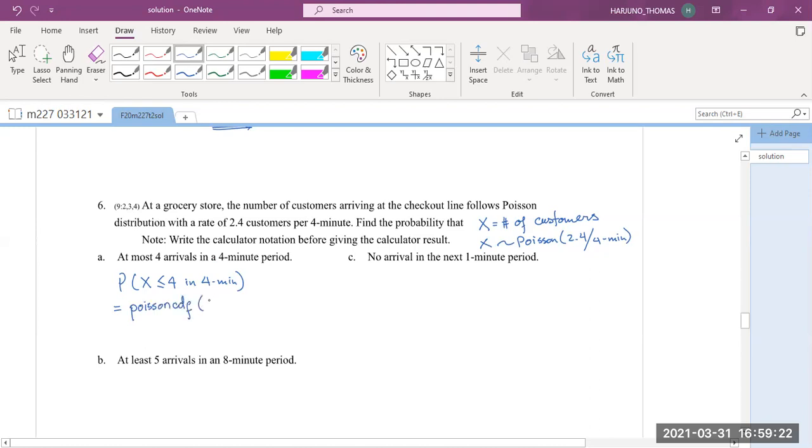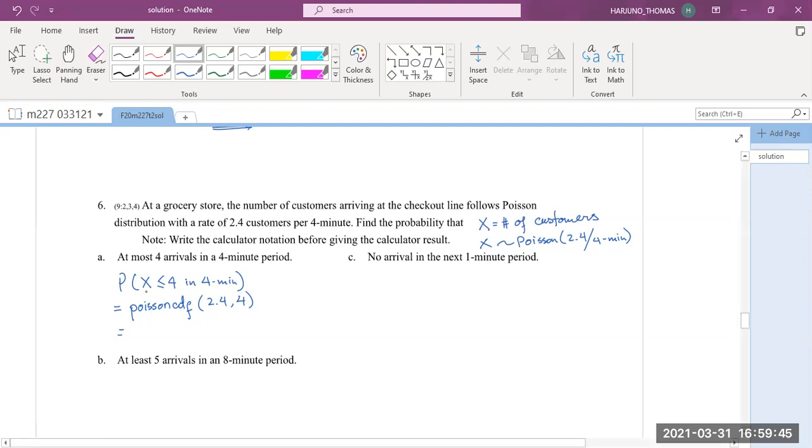The average in 4 minutes is 2.4. You want at most 4. Then you use your calculator, (2.4, 4).